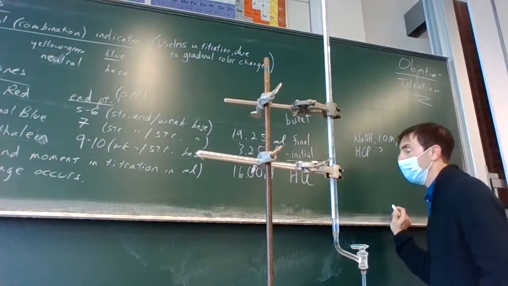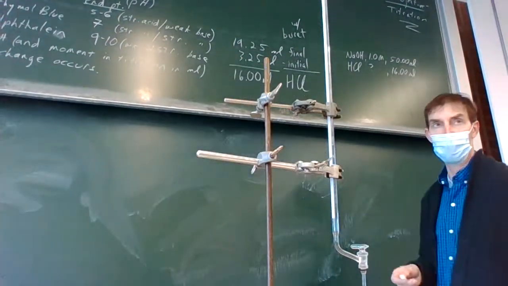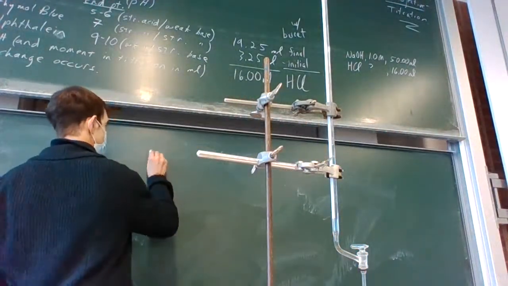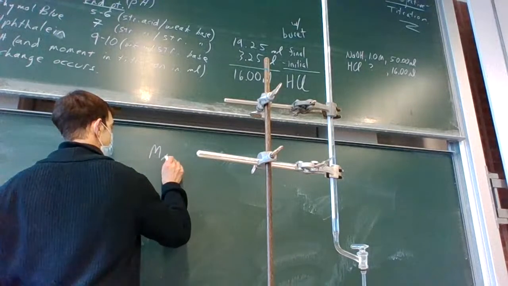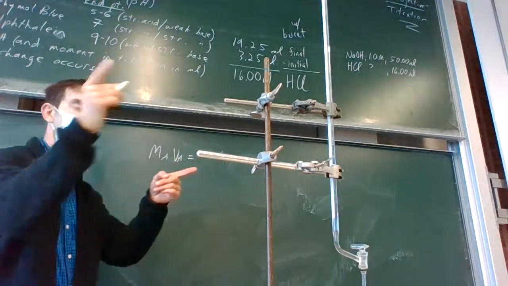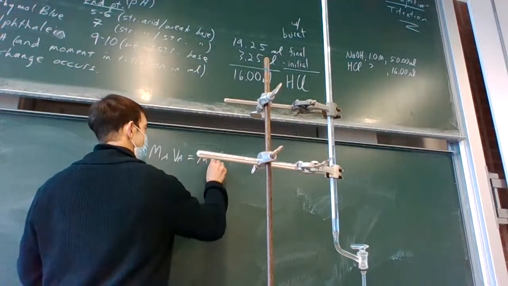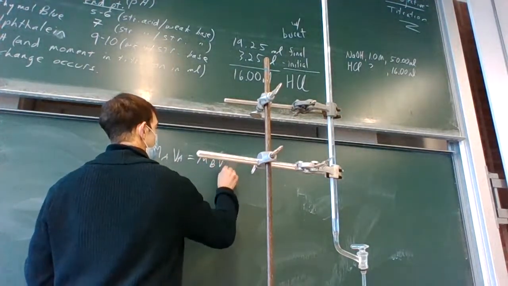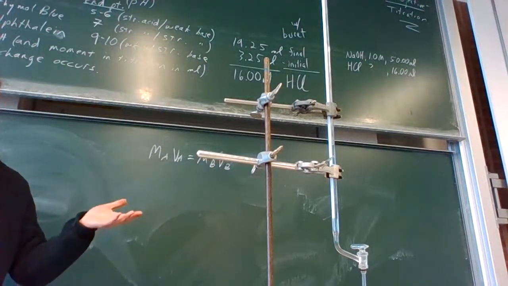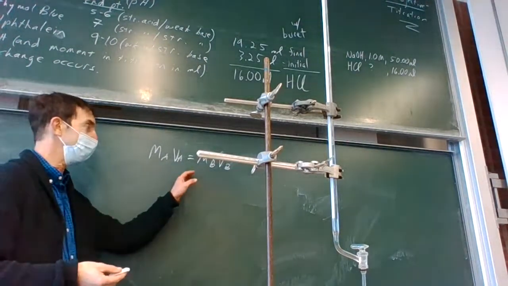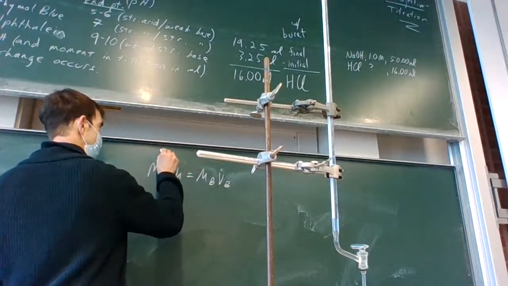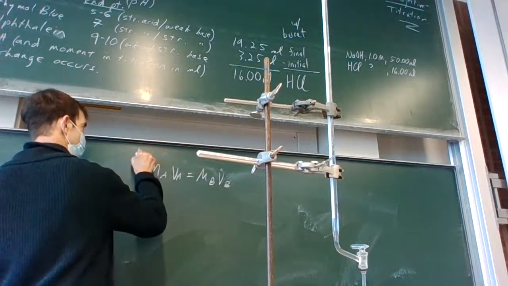Okay, here we go. Again, we're going to use a formula some people don't like, but I like it, and I gave it to you last time. Na times Va equals Nb times Vb. The A and B stand for acid and base. We can do this because we got the number of moles of acid on one side.